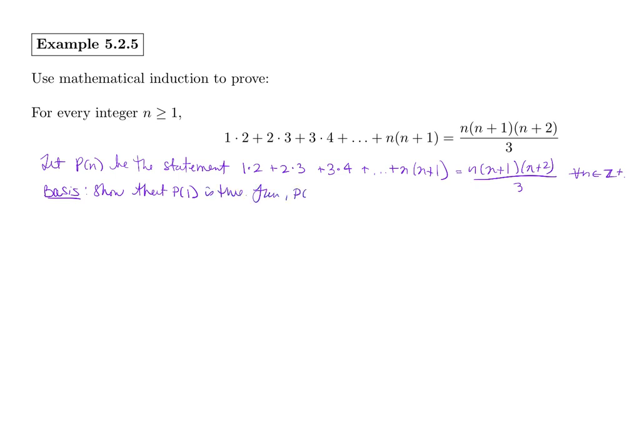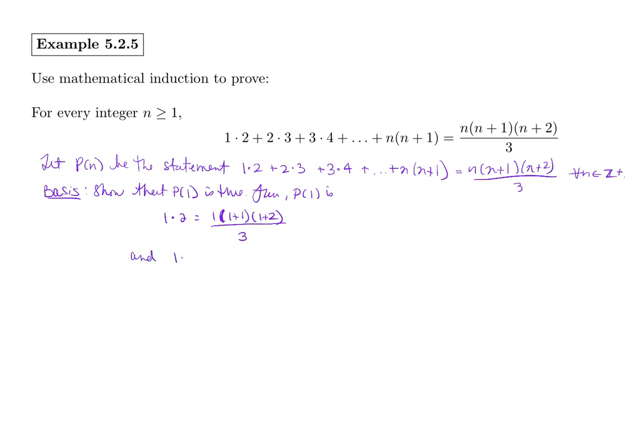Then we know that p of 1 is, well, we get 1 times 2, and on the right-hand side we would get 1 times 1 plus 1 times 1 plus 2, and divide it all by 3.